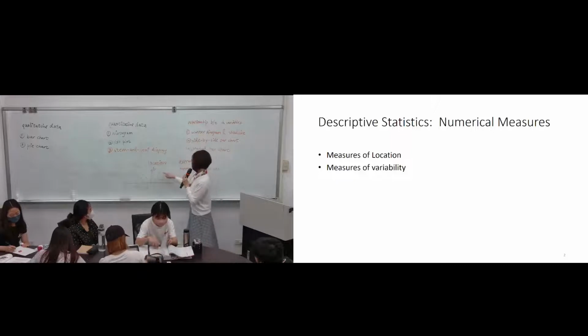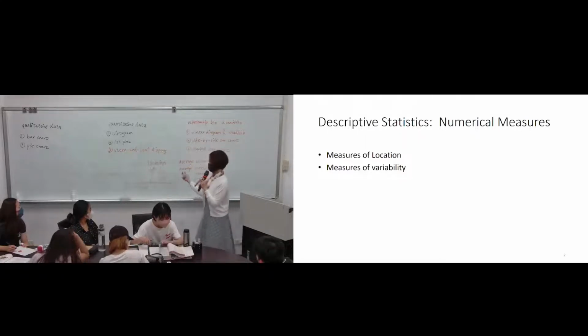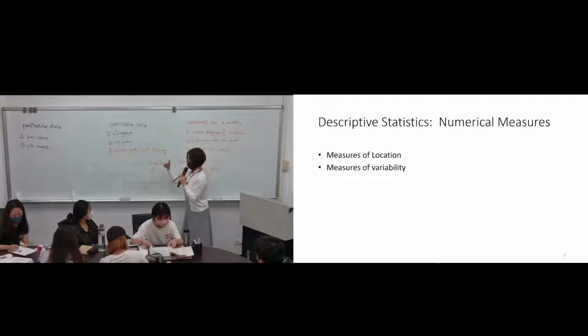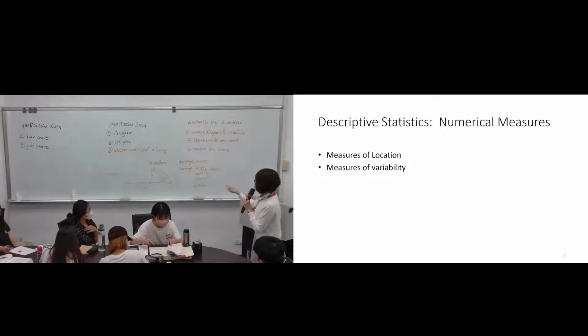But if our average score is 65, it means that we not only pass the class, our performance is better than the critical value. So 65, the average score, the average weekly sales, monthly sales, quarterly sales, and annual sales tell us the location.